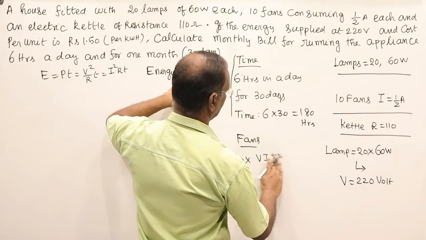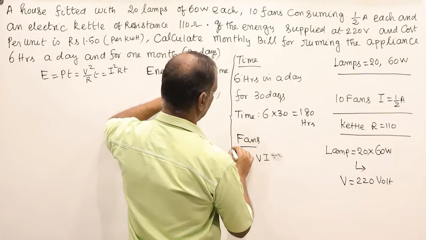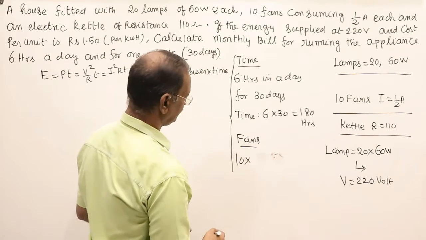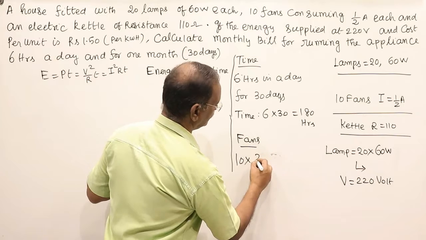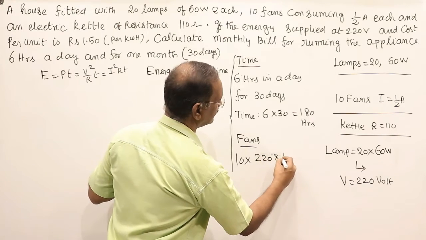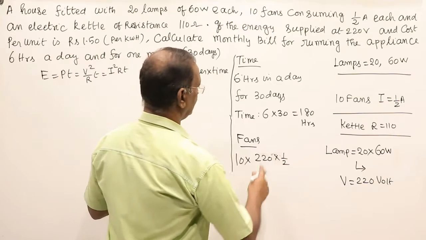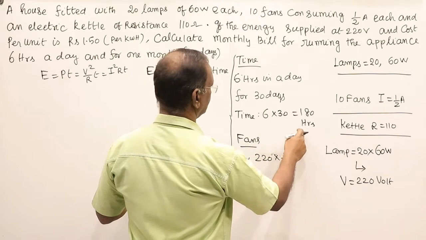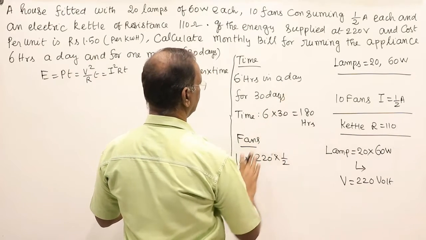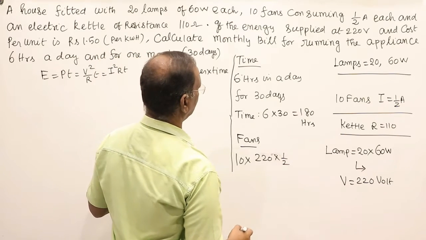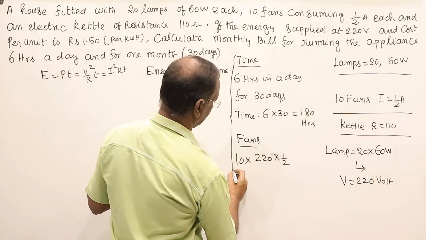So what is the power? V into I, with V equal to 220 and I equal to half, times 10. The timing is 6 hours a day for 30 days. Okay, fans we have calculated.